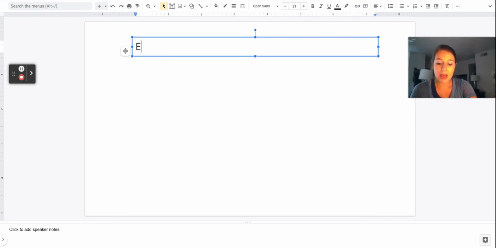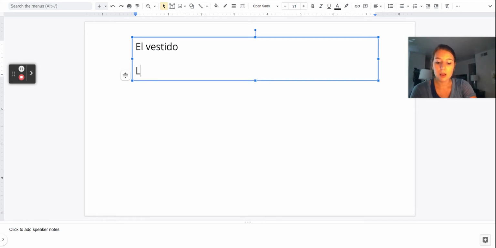So let's start with el vestido again, the dress. And let's also describe a purse, la cartera. El vestido, let's say we want to say the new dress, el vestido nuevo. Okay, how about the new purse?